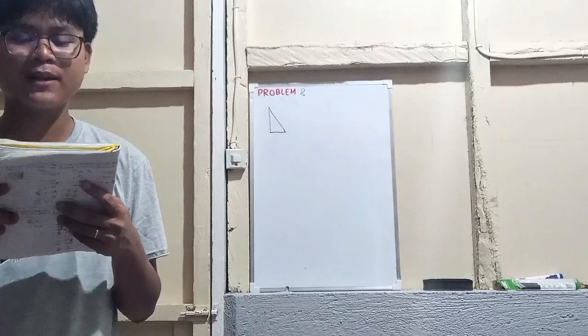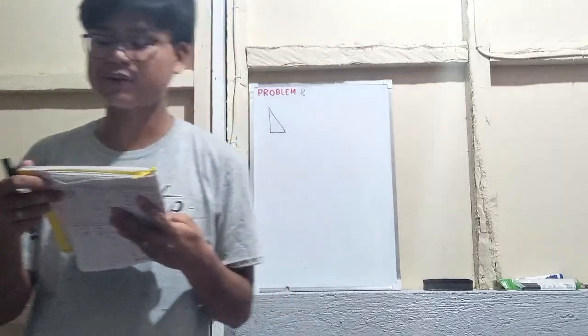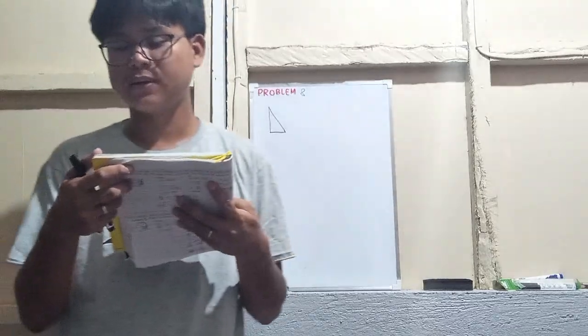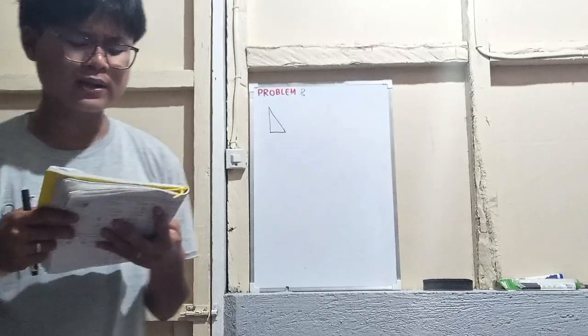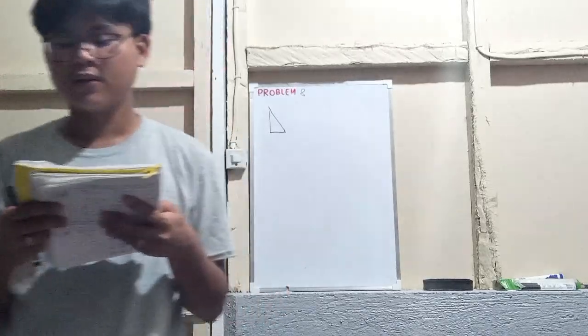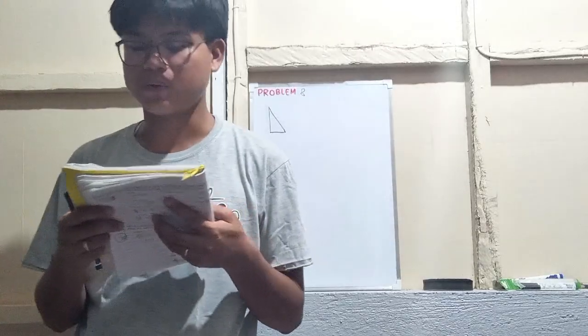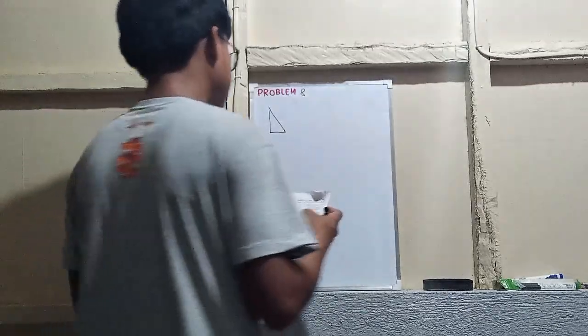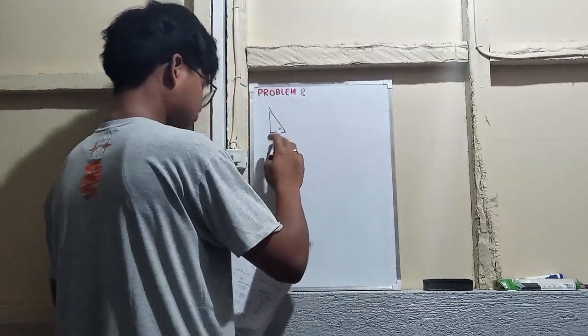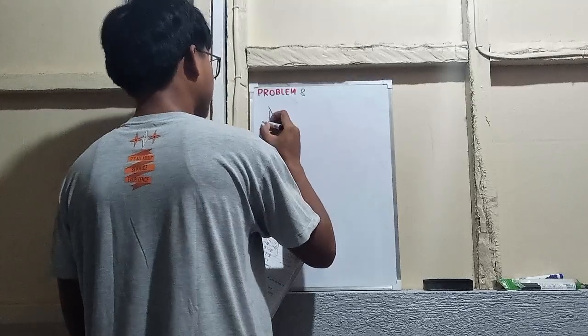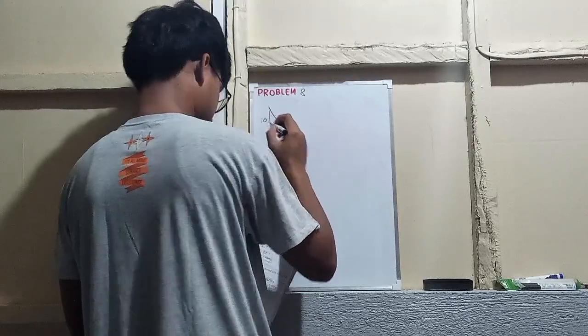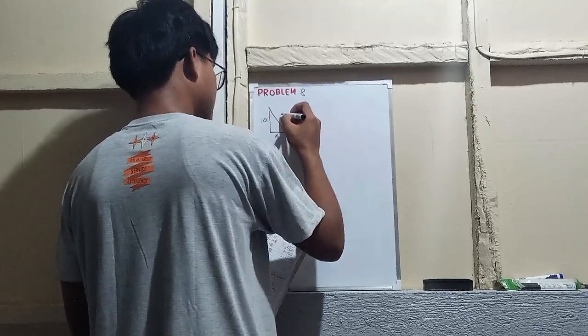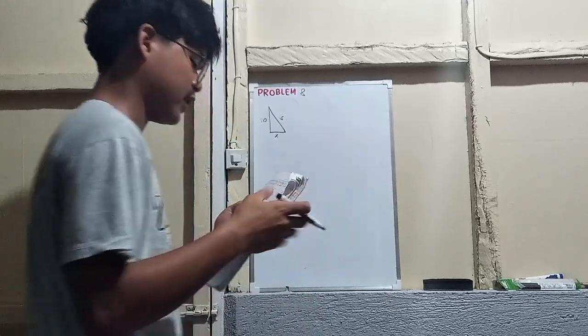A kite 50 feet above the ground is moving horizontally at a rate of 4 feet per second. At what rate is the string being let out when 100 feet of string are out? So first, we'll draw the problem. Since it is a kite, we have the right triangle. So we have y as 50, we have x, and we have s as the string.